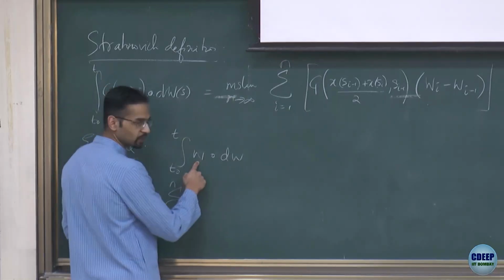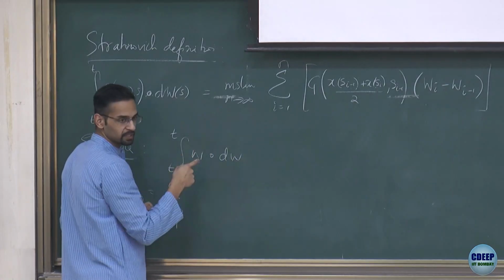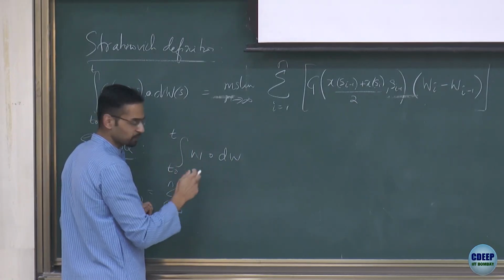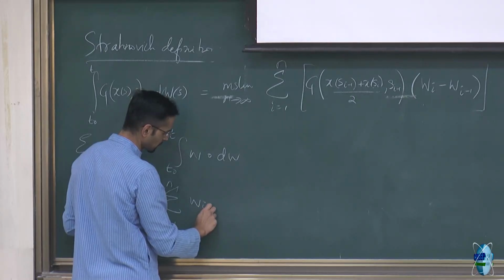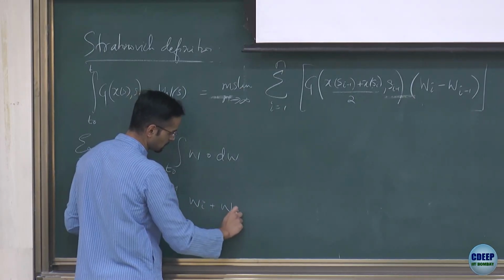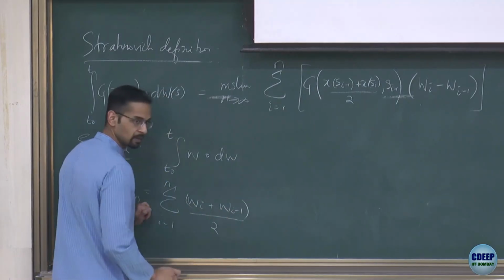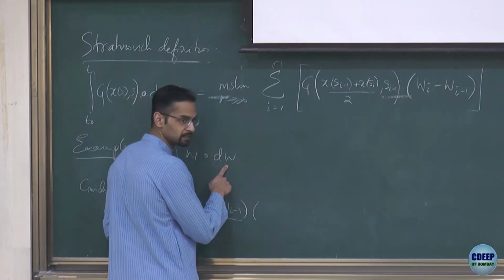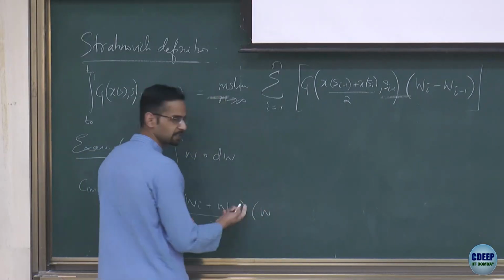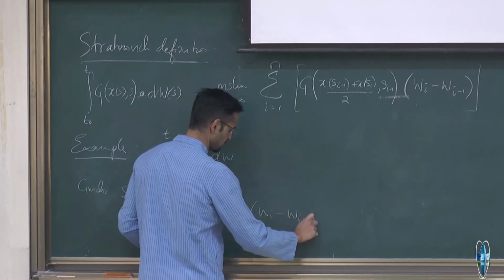And now you see what this W should be evaluated at, according to that definition: the average of the two extremes. And this is delta Wi, which it will be convenient to write in this way.